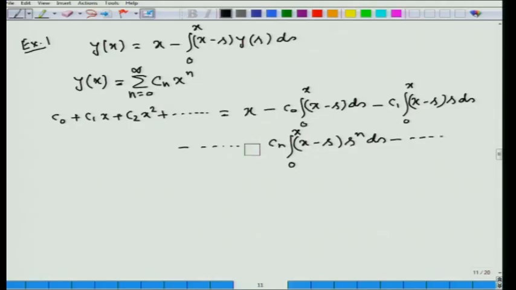Here this should not be plus, rather it will be minus.